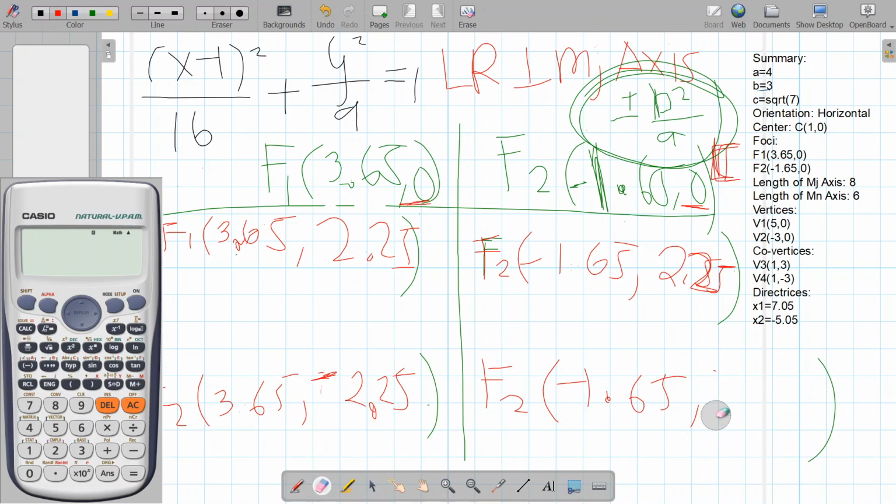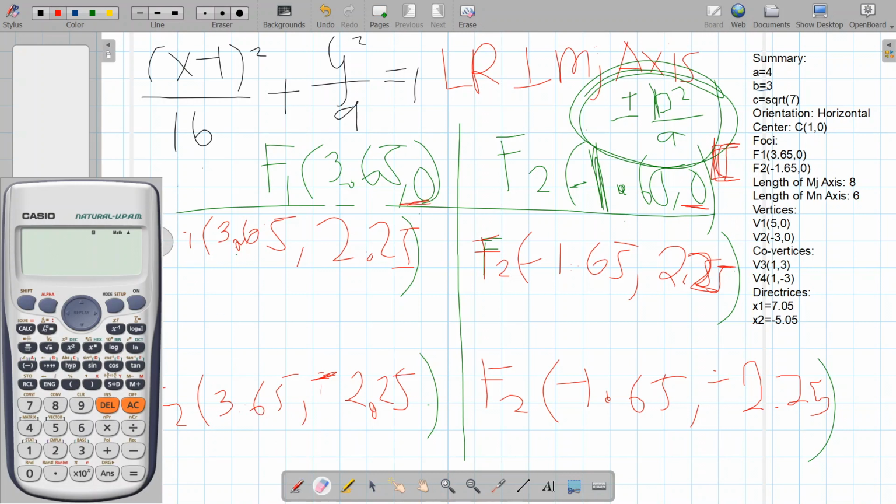Okay, so we will summarize this, and now we can graph. Yay! We're almost done. So these are not the foci, but the endpoints of the latus recta.